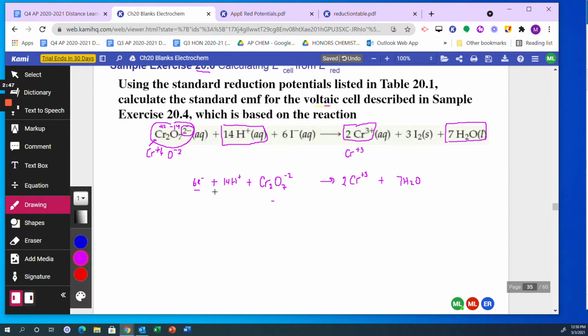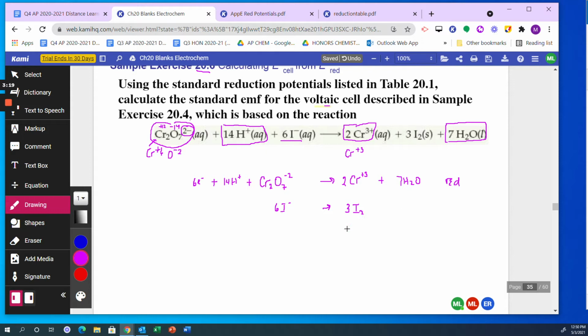So it looks like this chromium used to be +6, now it's +3, it got reduced. So this is the reduction half reaction. And another way I can tell it's a reduction is because you're adding 6 electrons to it. So it's becoming more negative on the right side, so it got reduced. Okay, so the other half reaction must be the 6I- becoming 3I2.